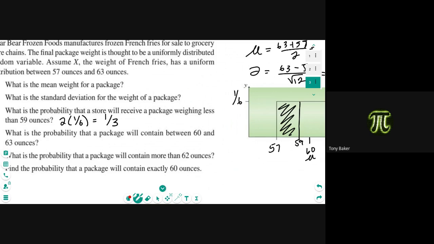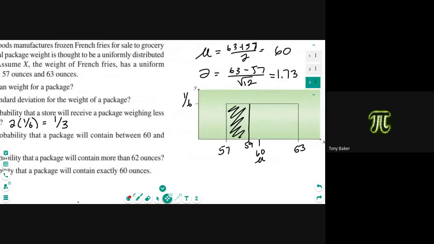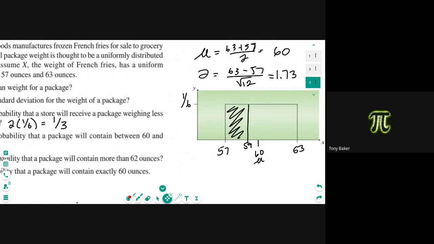Next question says, what's the probability the package will contain between 60 and 63 ounces? I mean, 3 times 1. So we're looking at this spot right here, right? So it'd be 3 times 1/6.